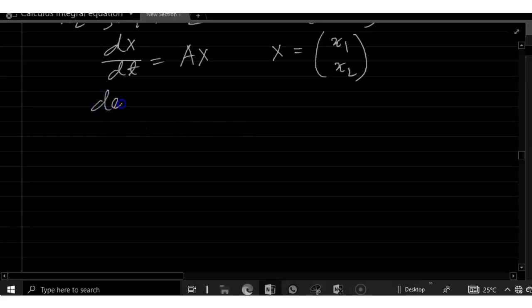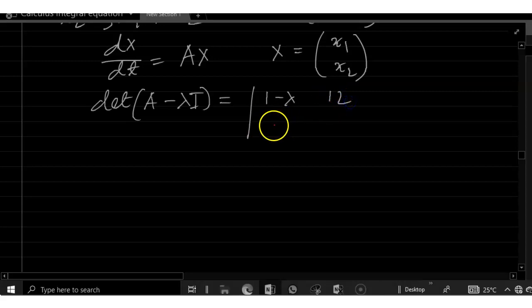So determinant of A minus lambda I equals |1 minus lambda, 12; 3, 1 minus lambda| equals 0.